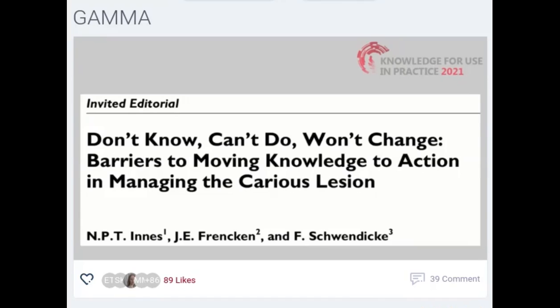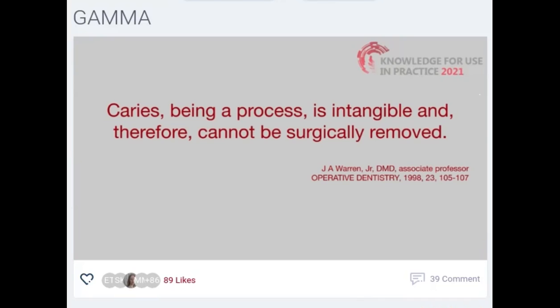Moreover, non-invasive and minimally invasive interventions have the advantage of generating less aerosol than traditional interventions. So we hope that due to the pandemic, dentists could start to see caries as a process rather than damaged tissue.